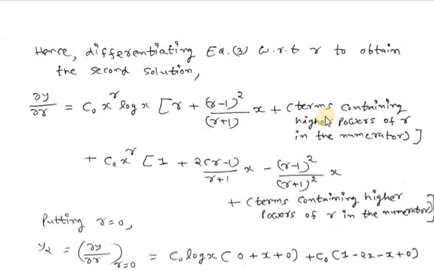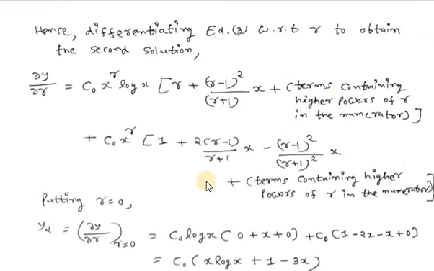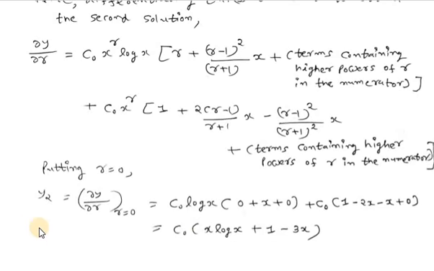Now we will put the value of r equals 0 in this expression, and after simplification we will get y2 equals del y by del r at r equals 0.